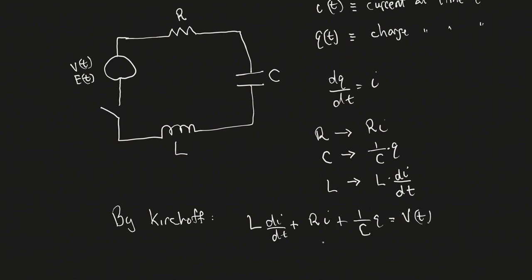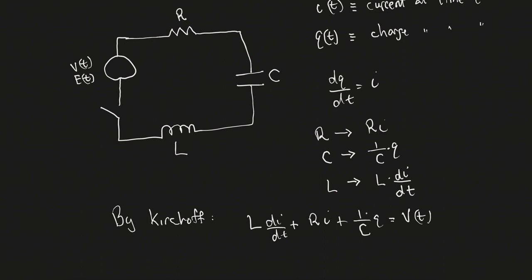So this is by Kirchhoff, but when we look at this, L, R, and C are going to be constants. So that's okay. But we have an equation that has essentially two unknowns, right? It has the I and the Q, and yes, there is a derivative there.